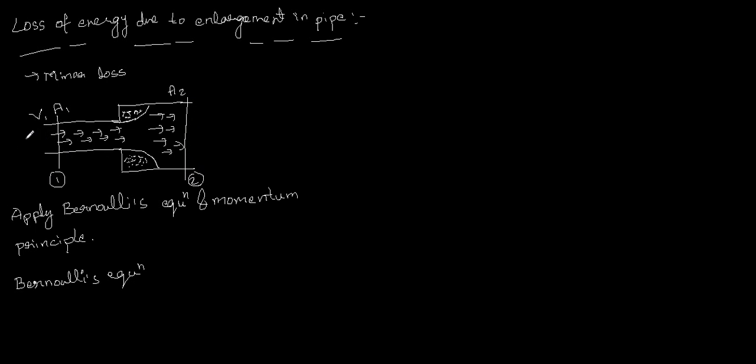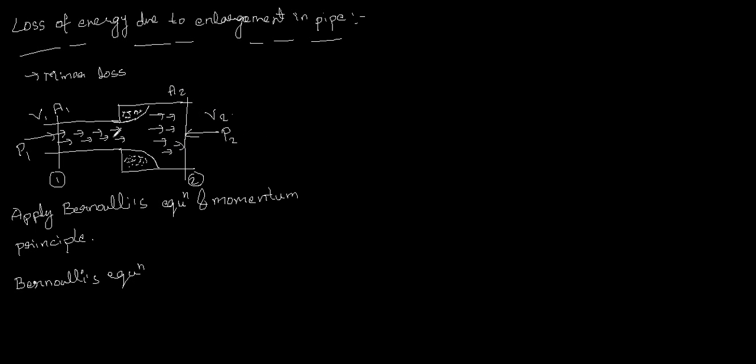At section 1 assume pressure P1 is acting in the direction of the flow, and at section 2 P2 is acting opposite to the direction of flow, v1 is the velocity, a1 is the area at section 1, and here also v2 is the velocity and a2 is the area of the pipe.